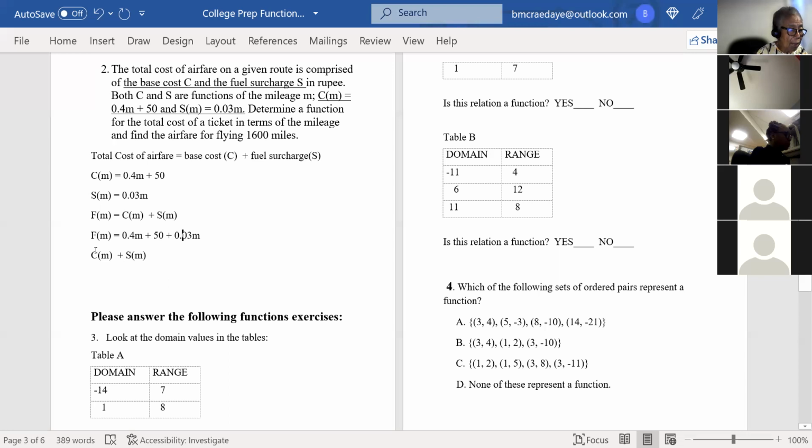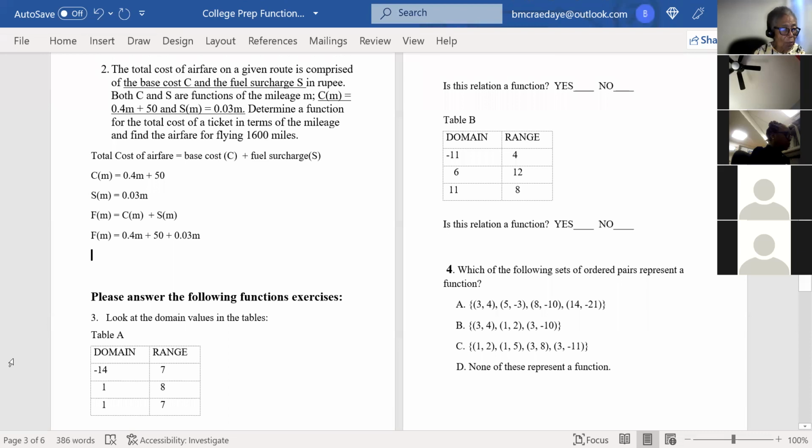Now F of M, remember I told you that's the output. That's the equivalent of what we've been calling Y. Okay. So combine these. What do you get when you add 0.4 M plus 0.03 M?